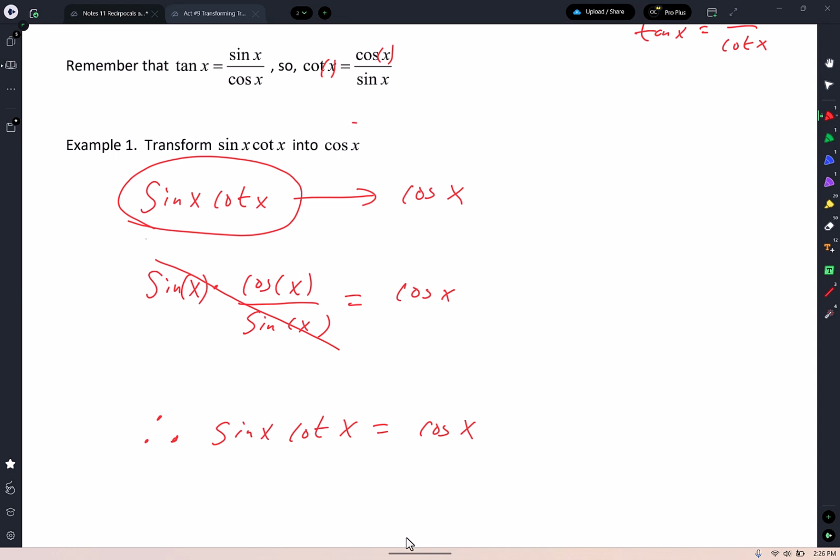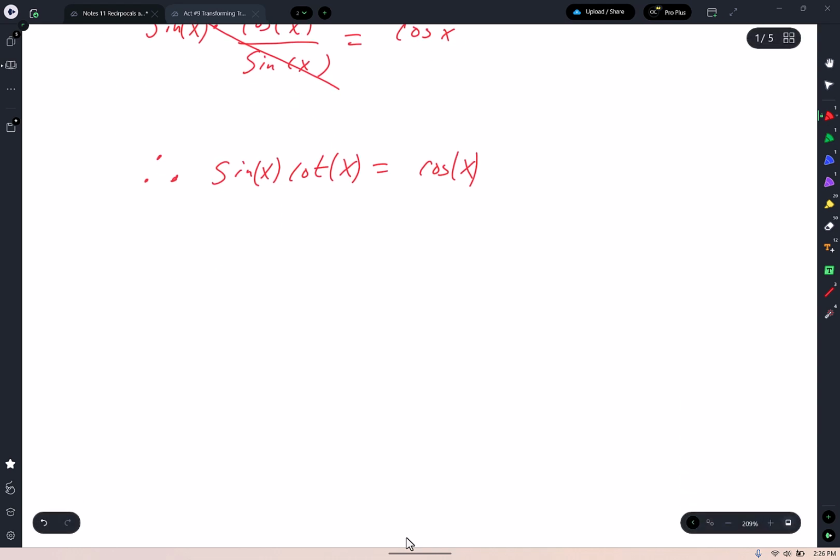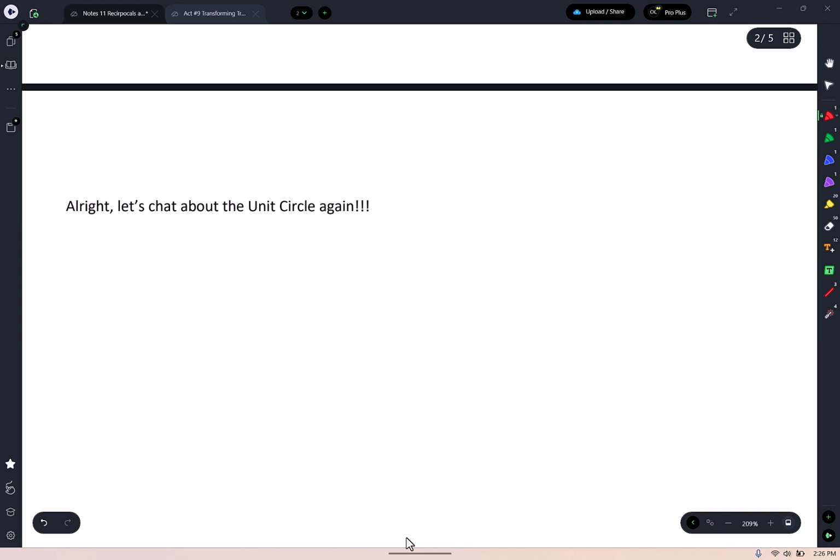Textbooks should be putting parentheses always, but they don't. You're just trying to figure out what are the steps necessary to get to just cosine x by itself. You know what I mean? Okay, go to the next page.